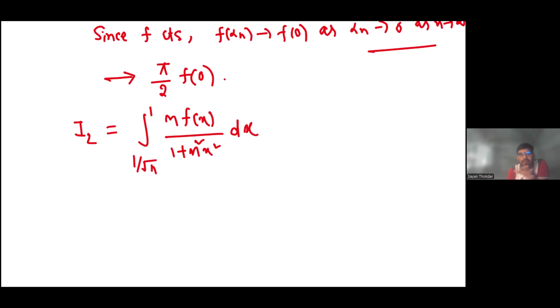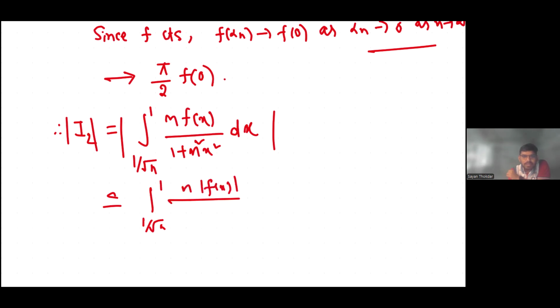In the same pattern, we can do one more thing: we just take the modulus of that. Why, we will see later. So the modulus of this integral will be less than or equal to the integral from square root of 1 by n to 1 of n modulus of f of x upon 1 plus n square x square dx.